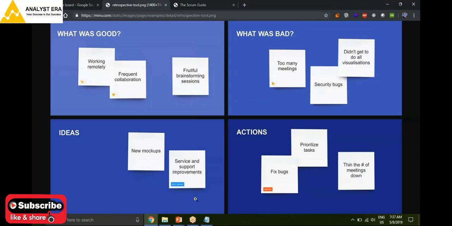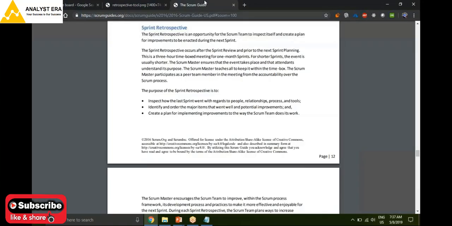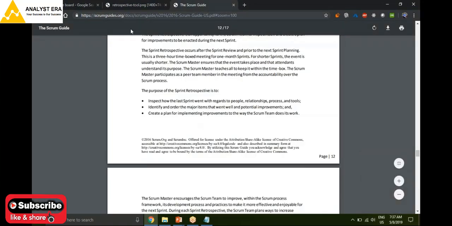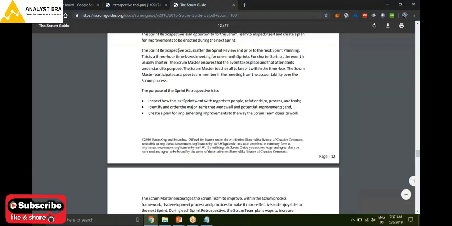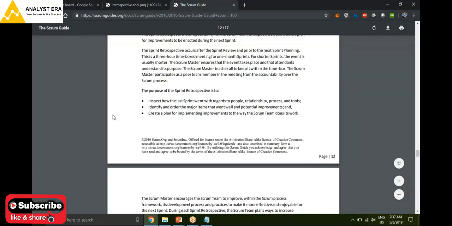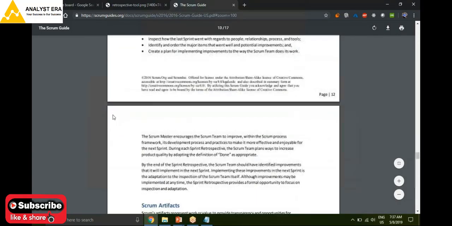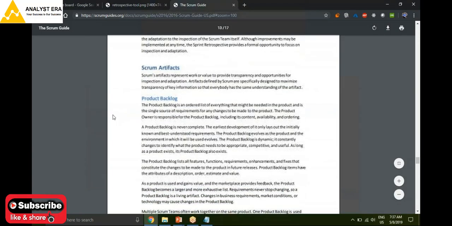Again in the ideas. This is where your improvements will go. So inside your ideas, this is how we can improve the process. Whatever you see here can be put in one of the boxes of your retrospective meeting. That is what we will discuss in the retrospective. Essentially, what went well, what did not go well, and stuff like that.